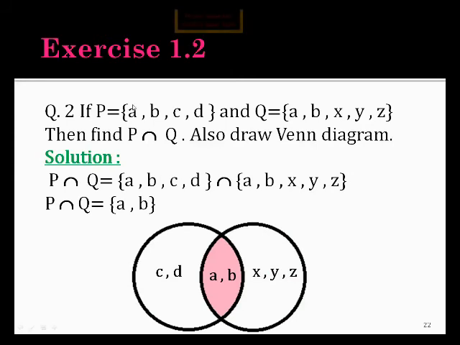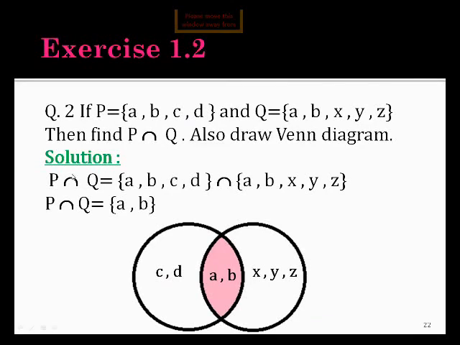The next one is: if P is equal to {A, B, C, D} and Q is equal to {A, B, X, Y, Z}. The sets are the same, but we have to find P intersection Q and also draw the Venn diagram.